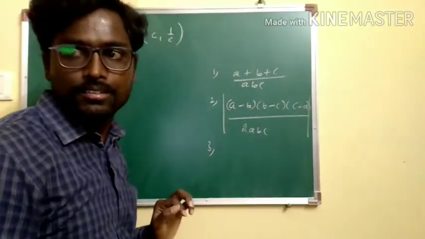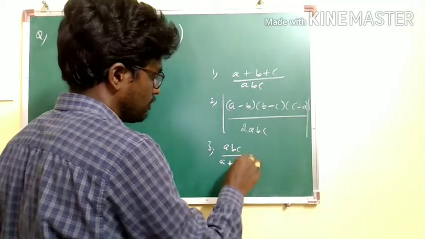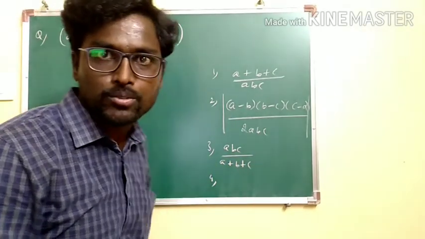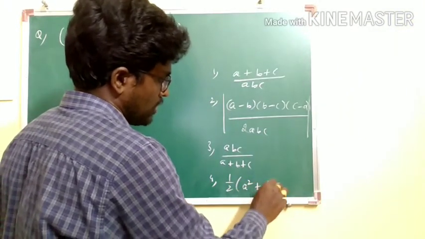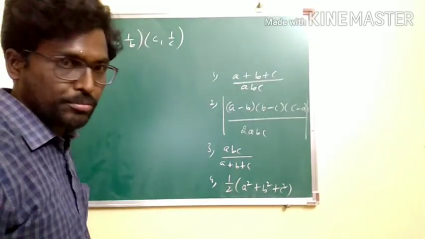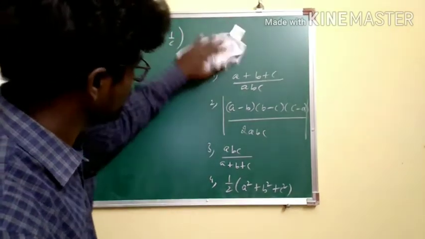The third option is abc by a plus b plus c. The fourth option, half of a square plus b square plus c square. So here they are, the given options. Okay, let's go ahead with the solution.